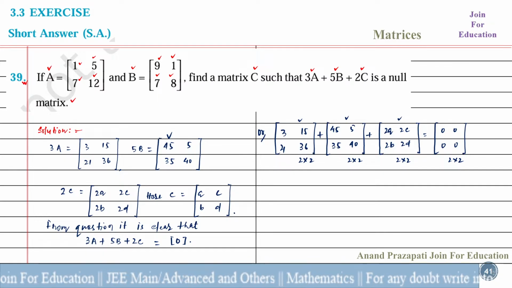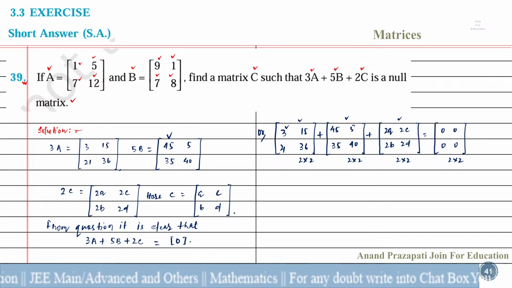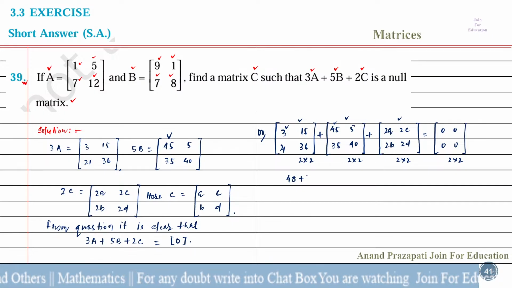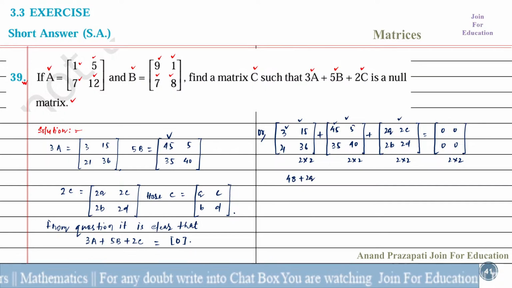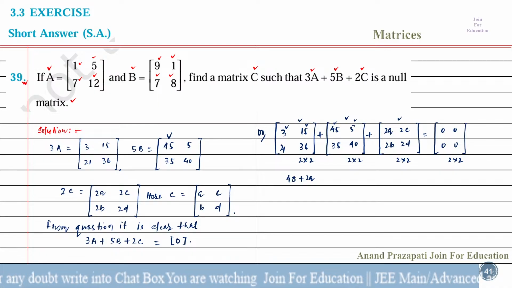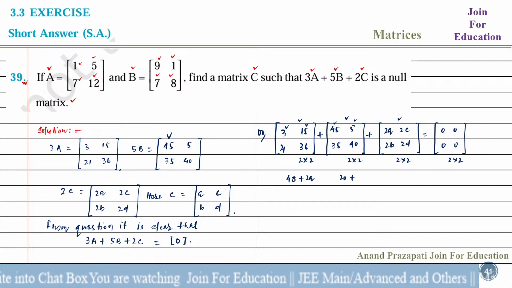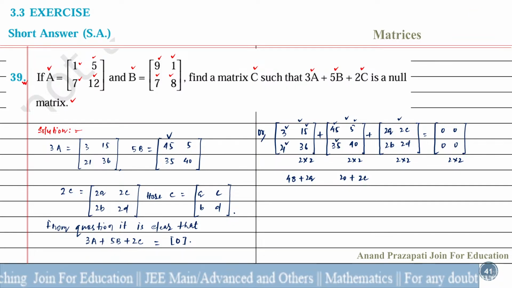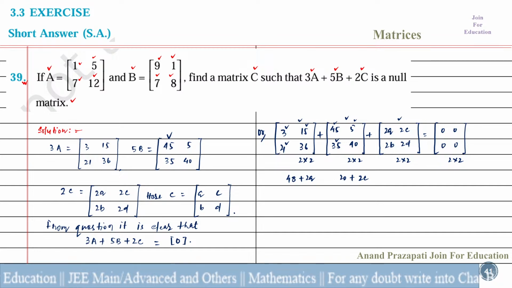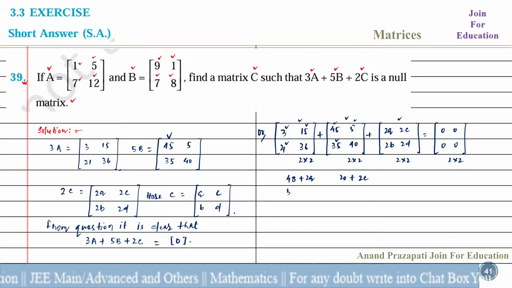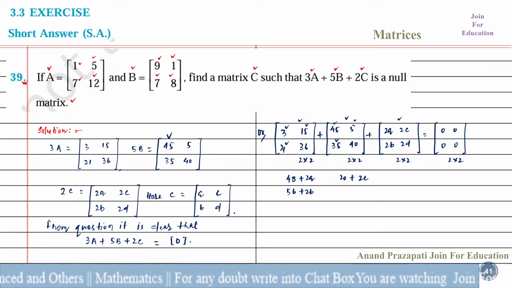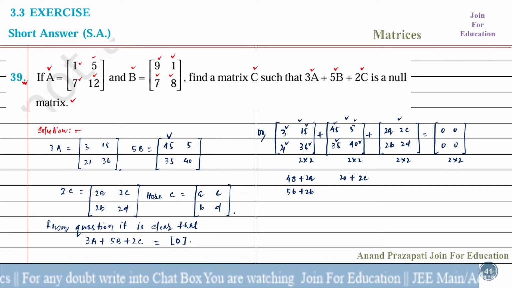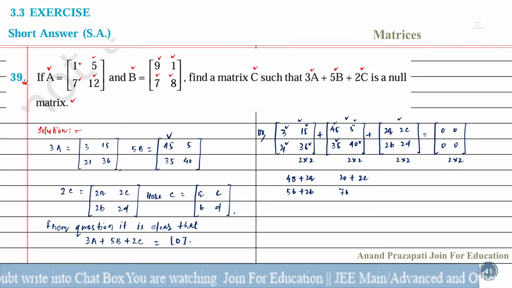So here will be 3 plus 45 equal to 48, 48 plus 2A, 15 plus 5 equal to 20 plus 2C, and 21 plus 35 equal to 56 plus 2B, and 36 plus 40 equal to 76 plus 2D.